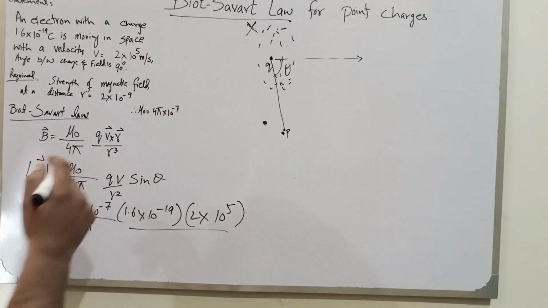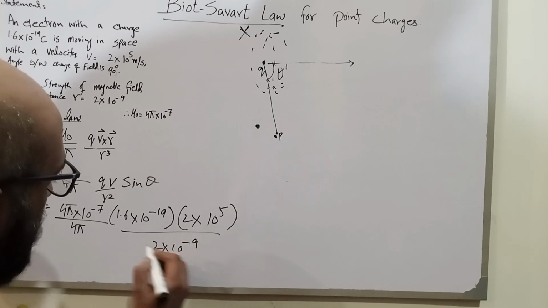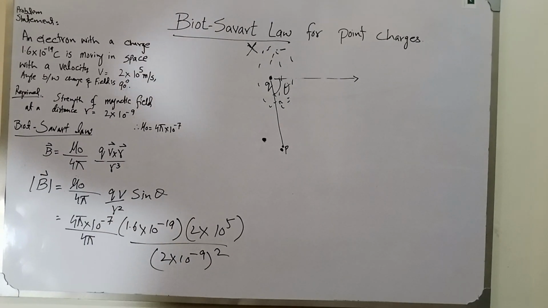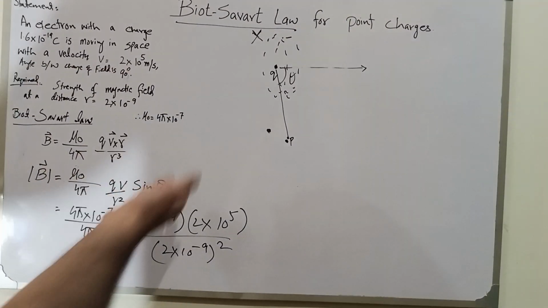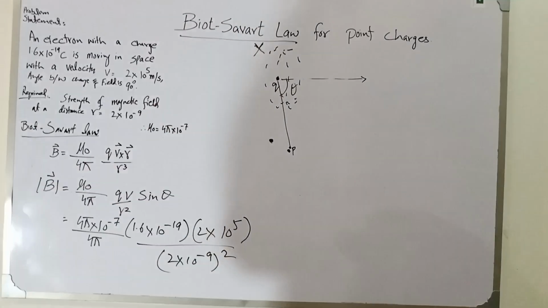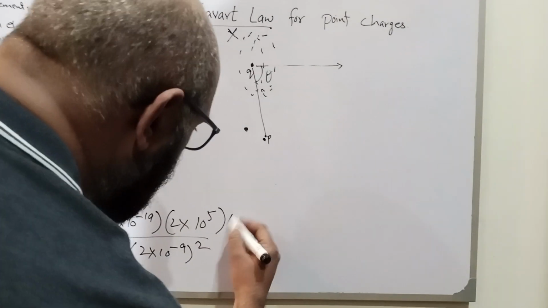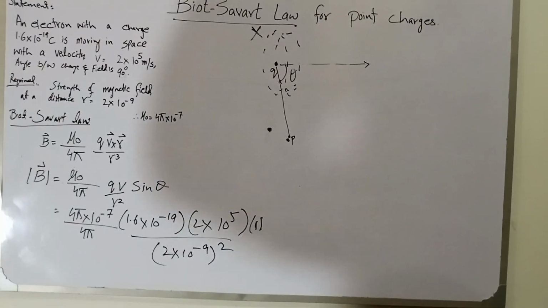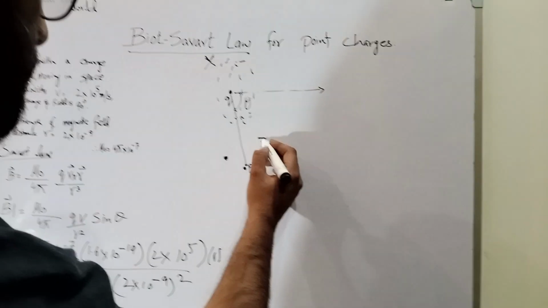So I'm putting it divided by the 2 multiplied by 10 raised to the power minus 9 whole square. That's all. We put the values. Now regarding theta, because theta is 90, sine 90 is the highest one, it's 1. So substituting it, it's 1.